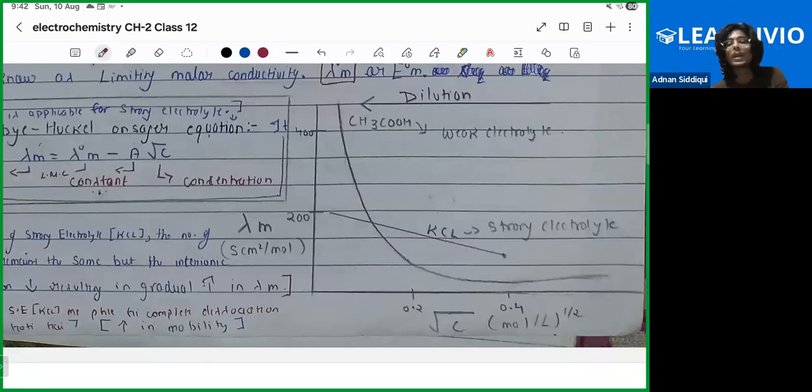But on the other hand, the weak electrolyte shows a very drastic increase in molar conductance. Your strong electrolyte, upon dilution, the molar conductivity is increasing but not that significantly, but in the weak electrolyte it increases very drastically. What could be the reason? Tell me. Go ahead.